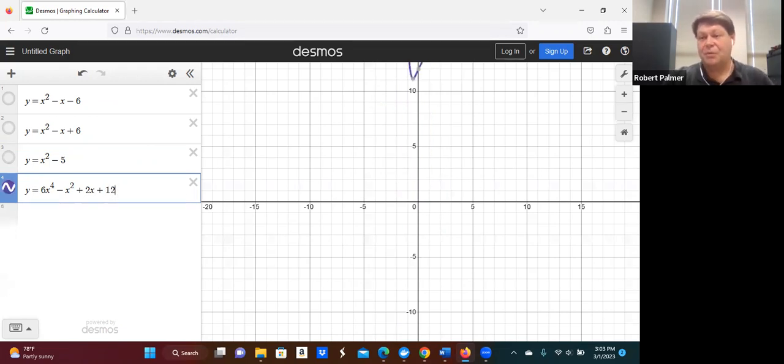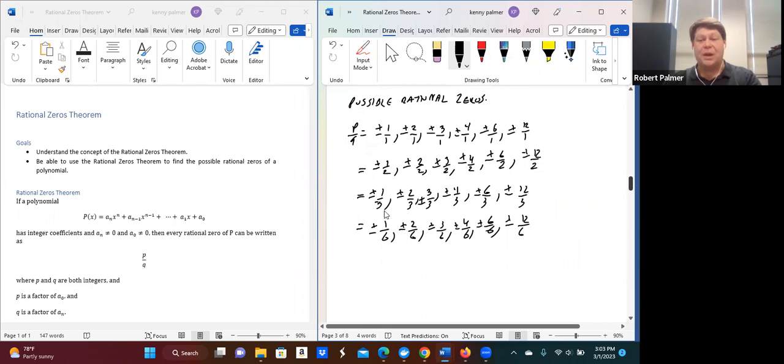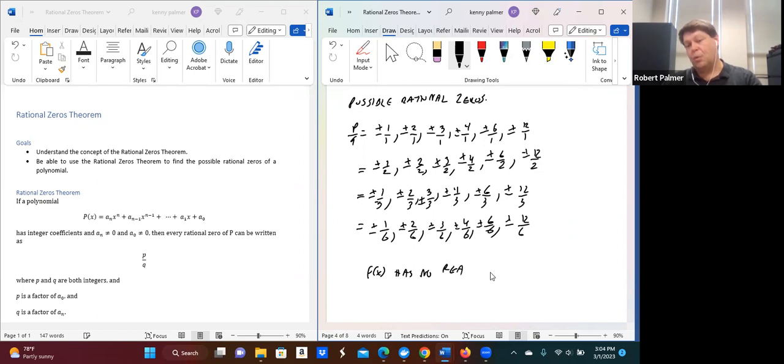And actually, if you notice, kind of like the one we had a minute ago, this shows it doesn't cross the x-axis, therefore it has no real zeros. Okay. So you can imagine you have to go through all this list, test all these, and find out that none of them work. But if you want to check, you have to test plus or minus 1, plus or minus 2, plus or minus 3. You know, test each one and see if it actually turned out. In this case, f of x has no real zeros.